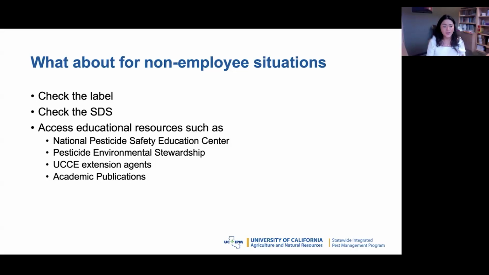And there are other resources for people that are interested in finding out what should I do. The National Pesticide Safety Education Center has lots of great information. The Pesticide Environmental Stewardship webpage also has lots of good information that have lots of different topics on pesticide safety.